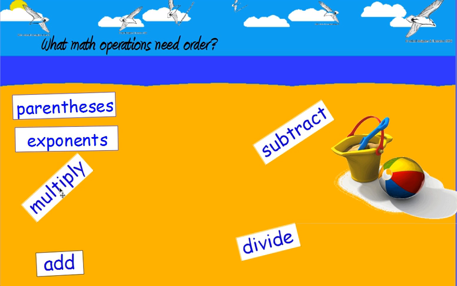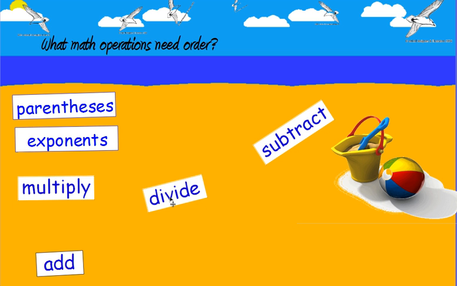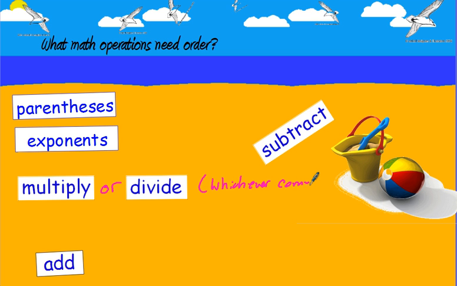And then we will have our multiplication or our division, whichever one comes first. This is very important: whichever comes first.